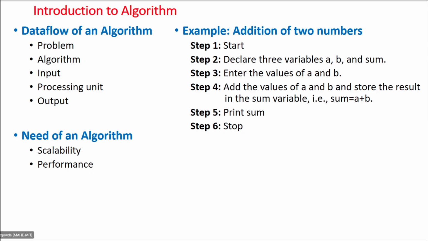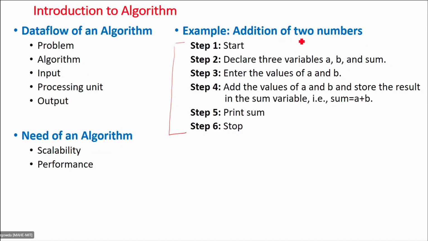Let us understand the algorithm through a simple example. Suppose we want to write an algorithm to add two numbers entered by the user. The given problem, the addition of two numbers, is represented using the algorithm steps shown here from step 1 to step 6.